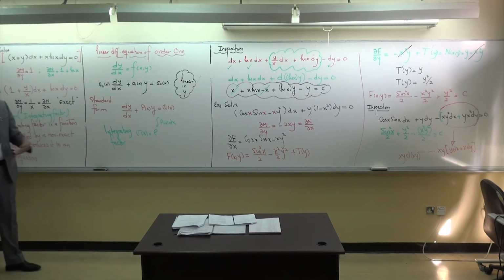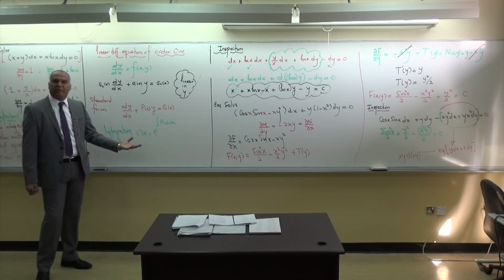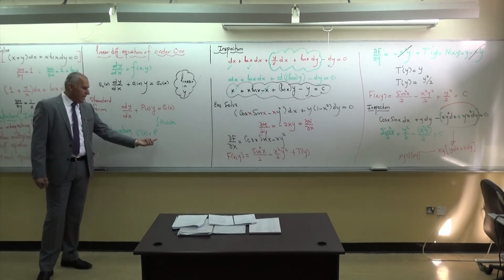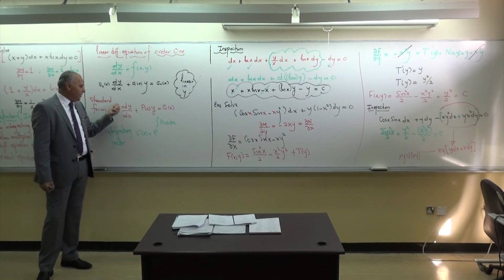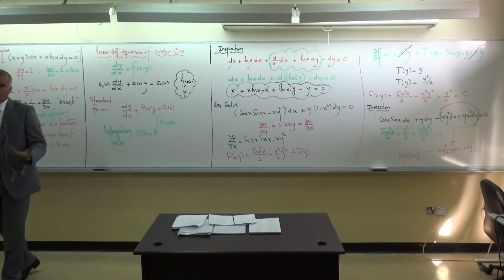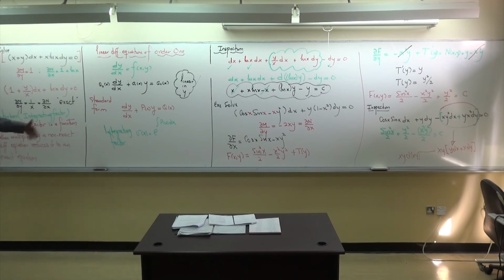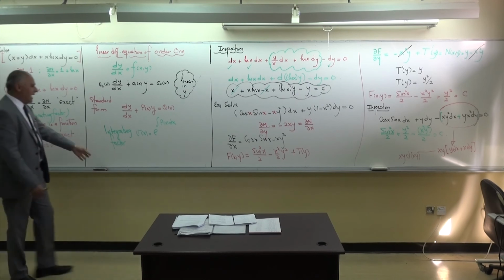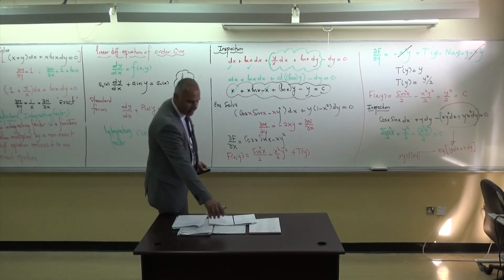The integrating factor is given by this nice simple formula: e to the power integral of the coefficient of y, which is the function P, dx, provided that the coefficient of dy over dx equals 1. That's why we write the equation in standard form and then find the integrating factor. Now let me show you why this is an integrating factor.